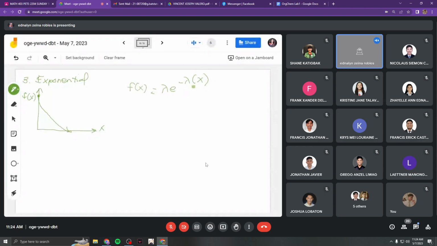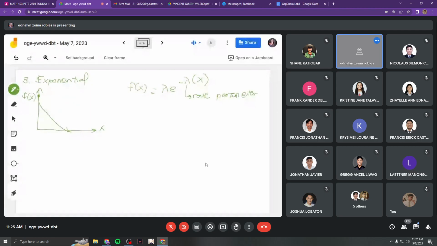But what is lambda? Ano po ba ma'am yung lambda? Lambda is our rate parameter. Rate parameter meaning to say it is the rate of decline on our exponential values. So lambda is the rate of decline or rate parameter. But how can we get lambda? What is the formula in order for us to get lambda?